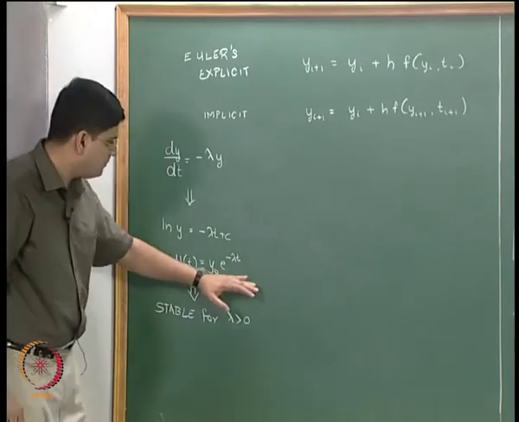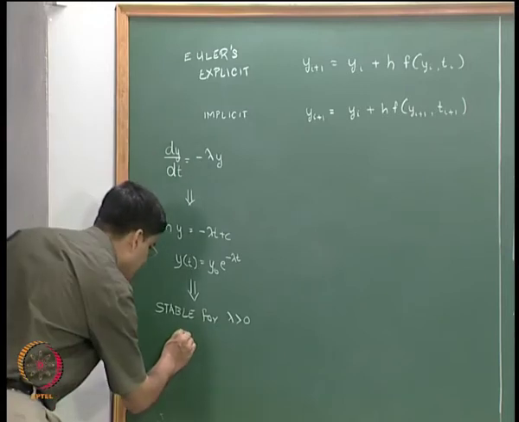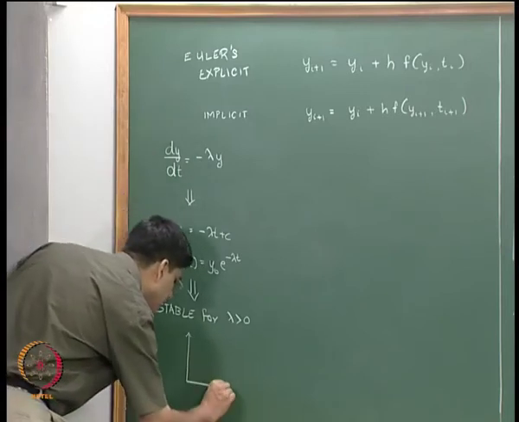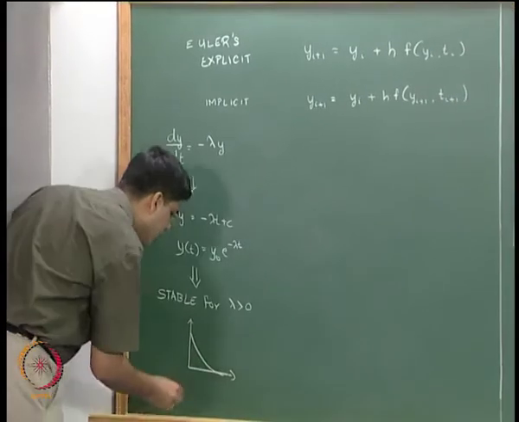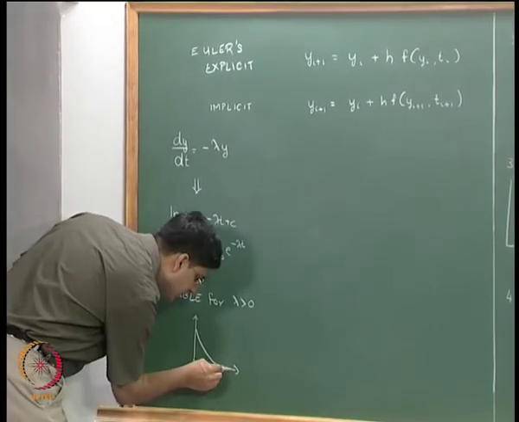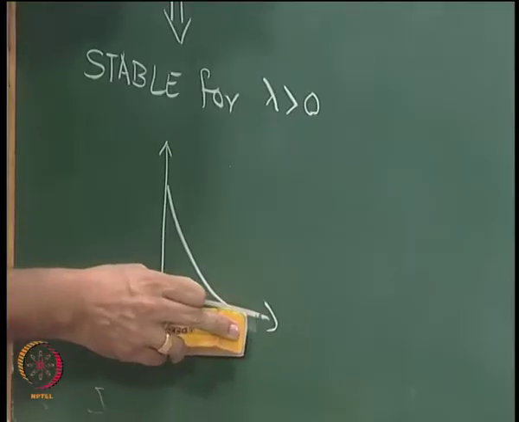The behavior of the exponential function e to the power minus lambda t with t is going to look somewhat like this, and finally it should settle down at 0; it will not go below 0.